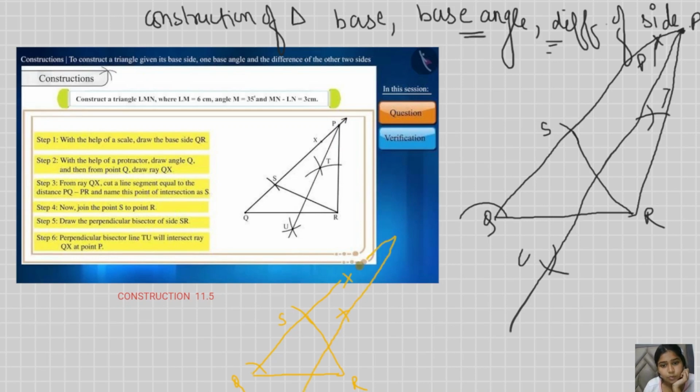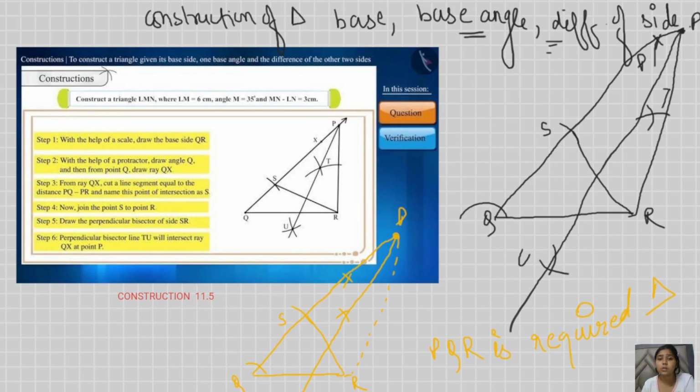This will meet this X at some point called P. Right, now you just have to join this point P with point R. Now PQR is the required triangle. Okay, this is how to construct the triangle whose base, base angle and the difference of the two sides are given. Okay, this is very easy.